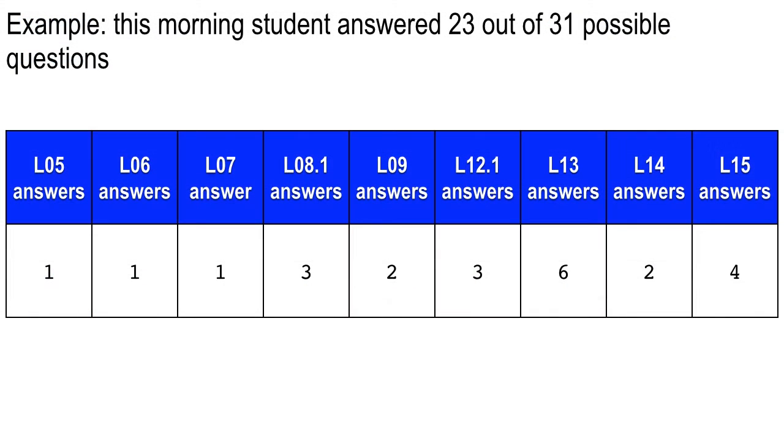And here's an example of what a morning student could possibly have been looking at. So you look at the number of points you have under how many you have answered. Lecture 5, this particular student answered one question. Lecture 6, once. Lecture 7, once.